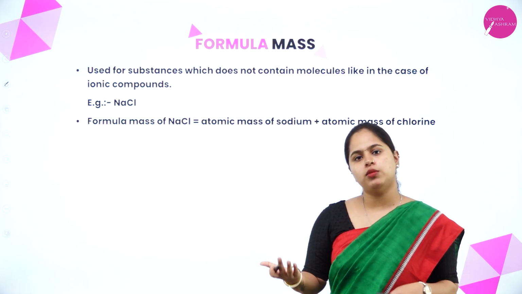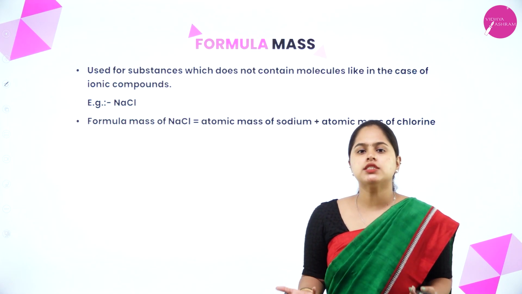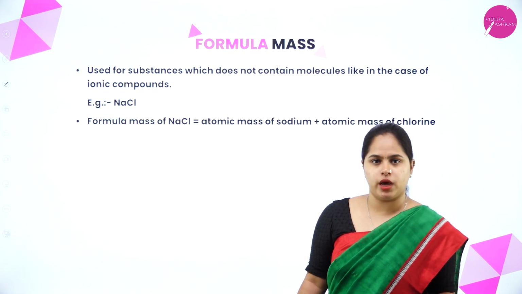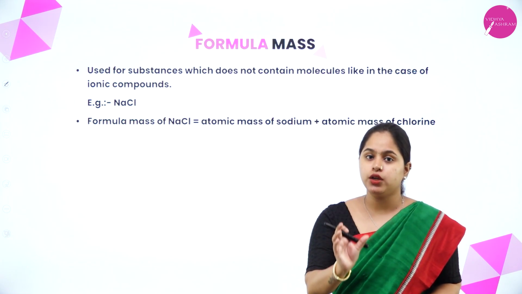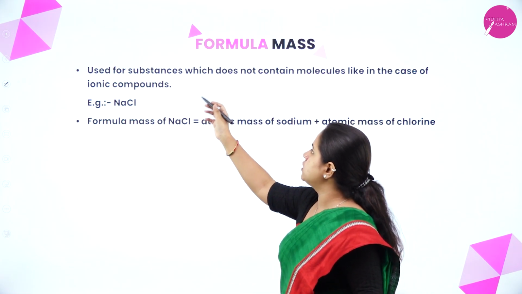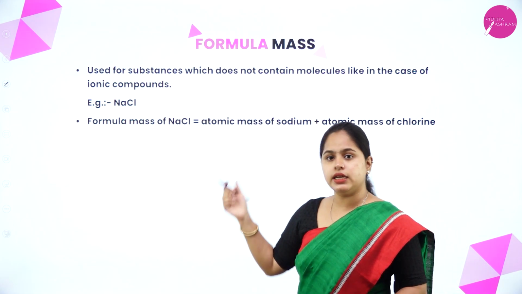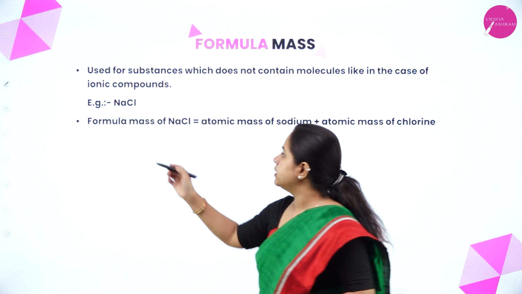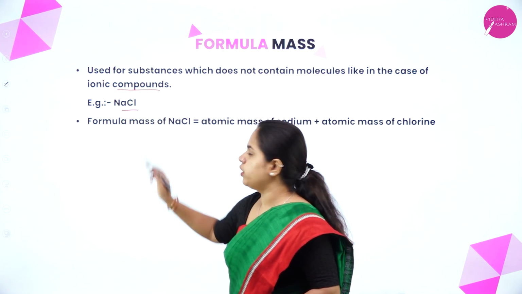Now let's move on to formula mass. Basically, formula mass and molecular mass are calculated in the same way. But what is the difference between them? Formula mass is used for ionic compounds, for substances which do not contain molecules. You can see here sodium chloride.